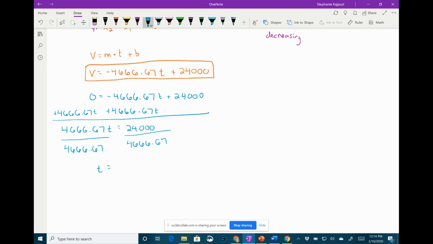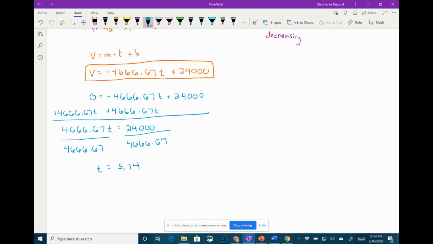So I'm going to put that in my calculator. And when you do that division, you get 5.14 and a whole bunch of other decimals. So that's the number of years after purchase. So about 5 years later, the car would be worth $0 according to this equation, which, I actually have a 5-year loan.